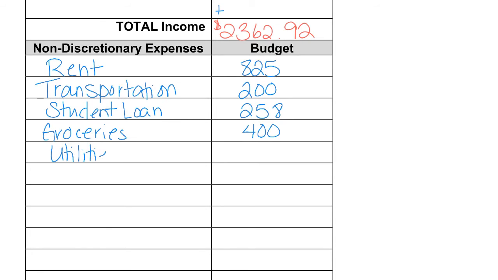Utilities, she would need to pay, and I estimated $200 for utilities, and then internet, cable, $50. Okay. There could be other ones on there, so do the best that you can to make a list.